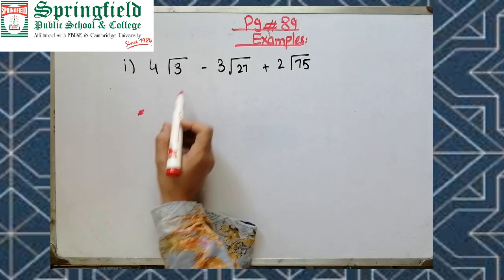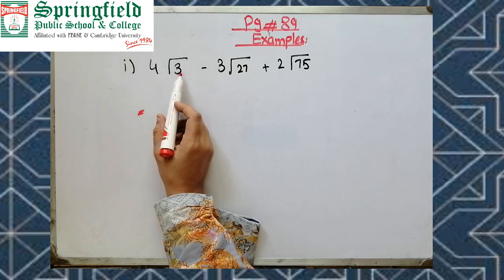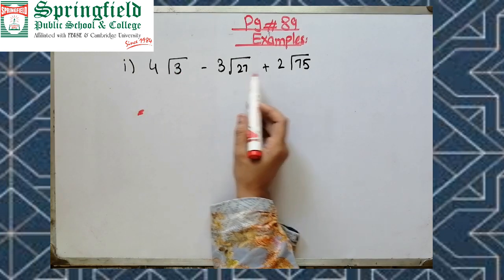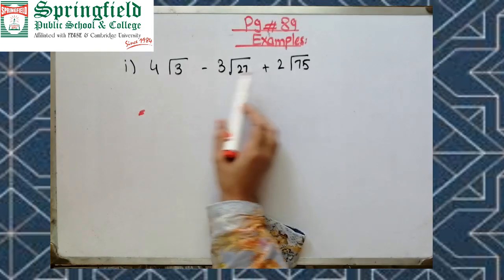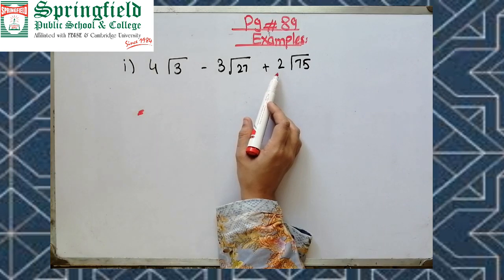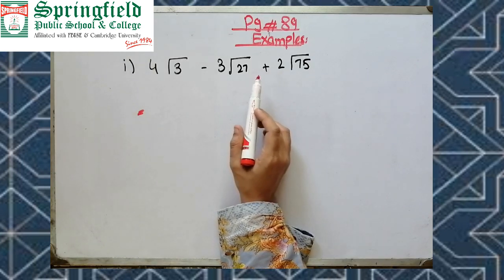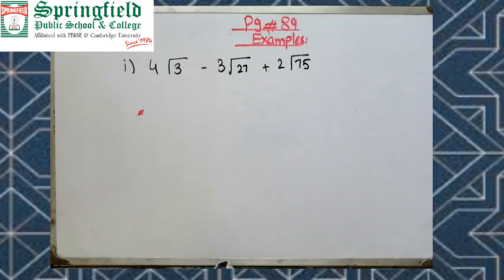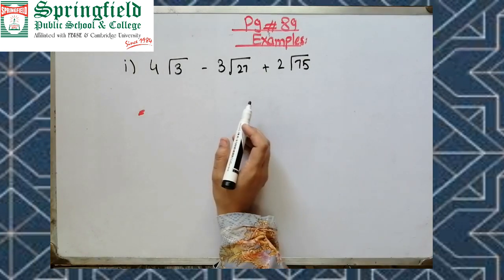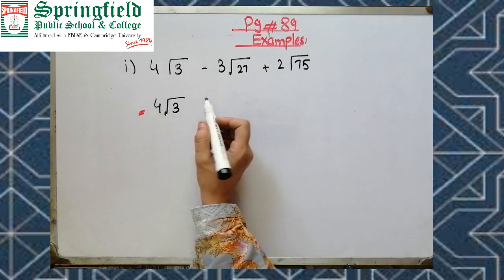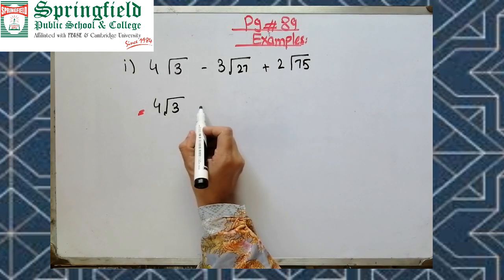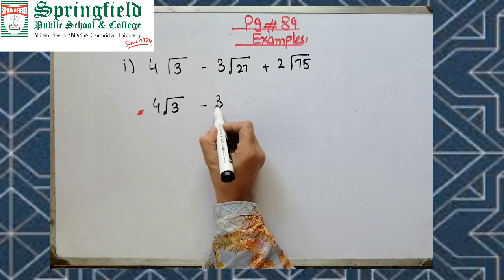Fine. So 4 under root 3 and 27, 75 are different values, they are not same, so we cannot add the coefficients. So what will we do in this type of situation? We will find the factors of all the numbers inside the under root. So 4 under root 3 cannot be further divided or simplified.